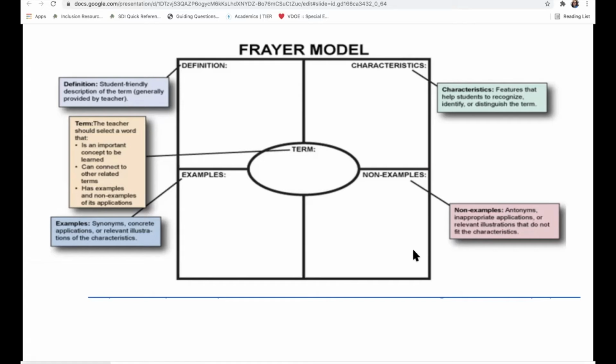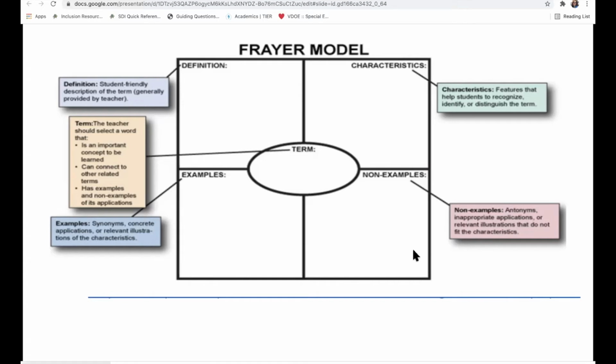You may just choose a few for your student to really remember because these are key for them. And then we're going to provide characteristics. These characteristics are the features of that term. What are the features of it that I need to know? And then, of course, an example and a non-example. If you have a student who has issues with writing, provide most of this, leave lines in it, and have them fill in.